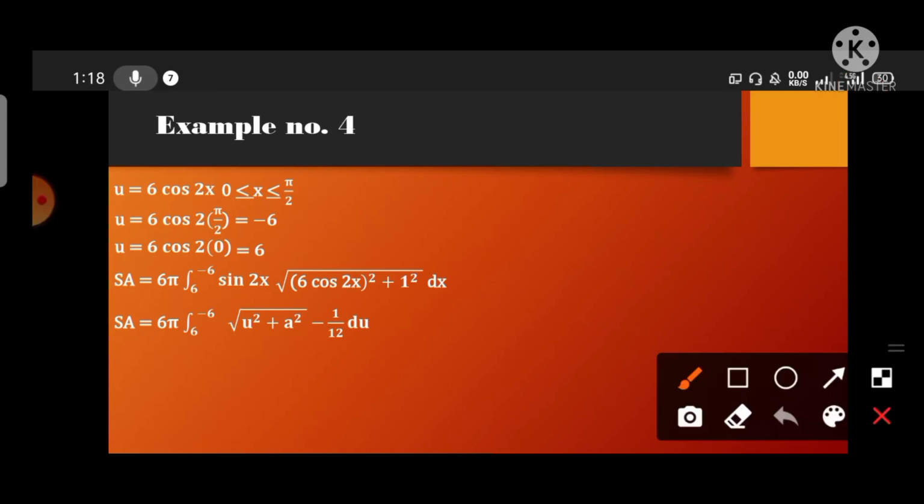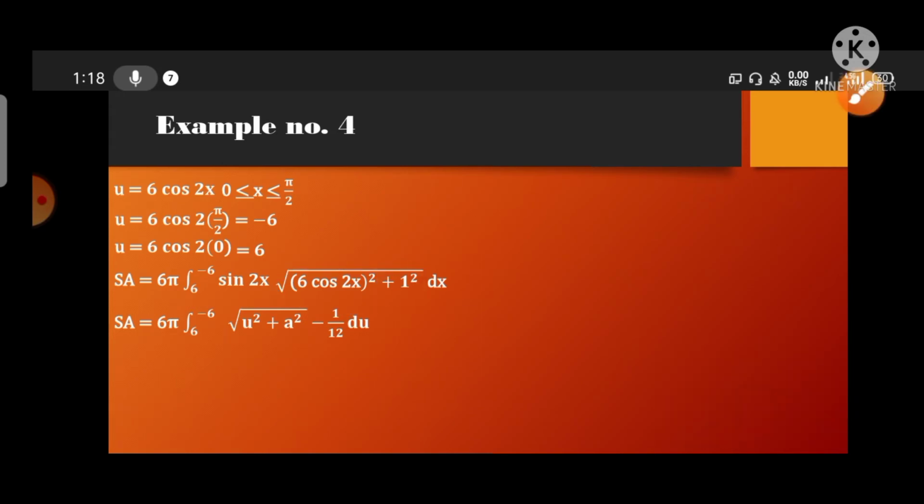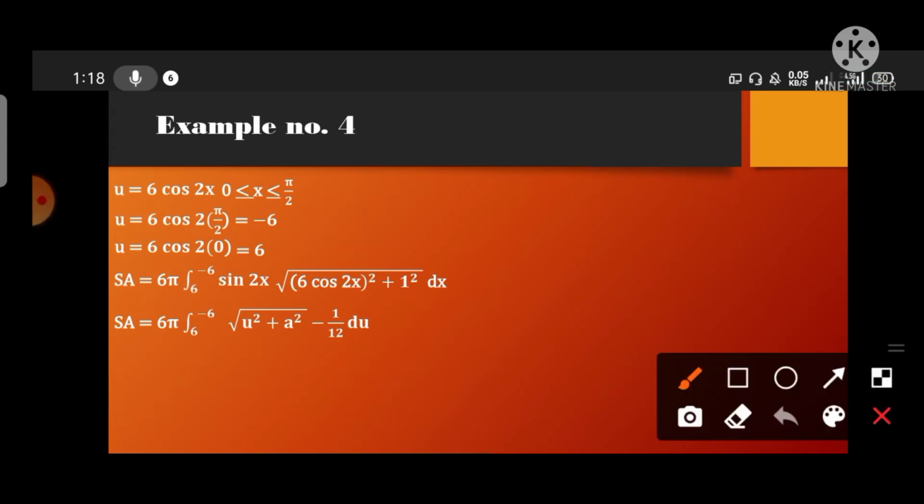Then replace this value into u and a. Then we get surface area is equal to 6 pi integration from 6 to negative 6 of the square root of u squared, this one, plus a squared, this one, times negative 1 over 12 du.